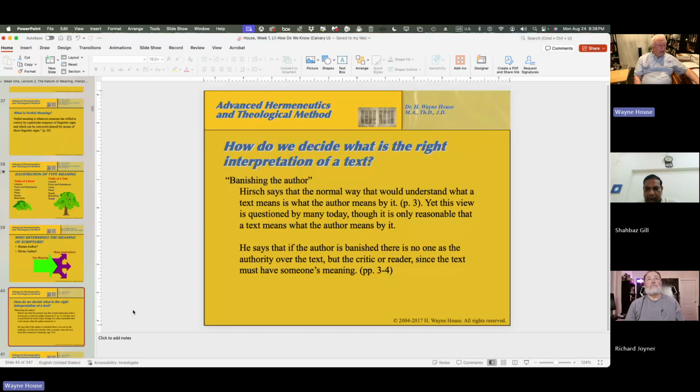In his book, in his statement, Banishing the Author, he says a normal way that would understand what a text means is what the author means by it. Yet this view is questioned by many today, though it is only reasonable that a text means what the author means by it. He says if the author is banished, there's no one as the author over the text, but the critic or reader.